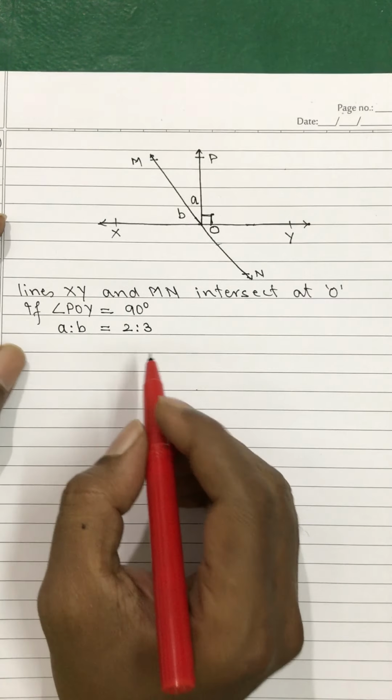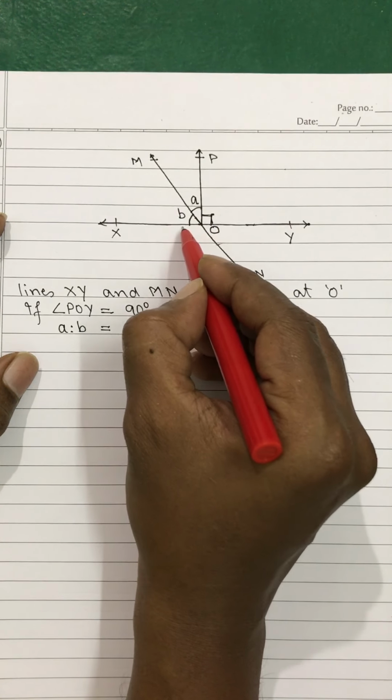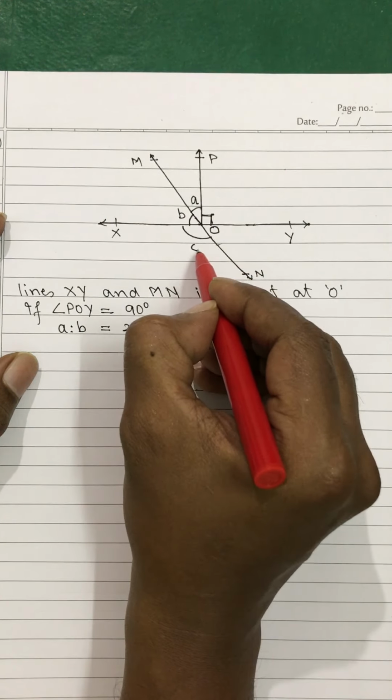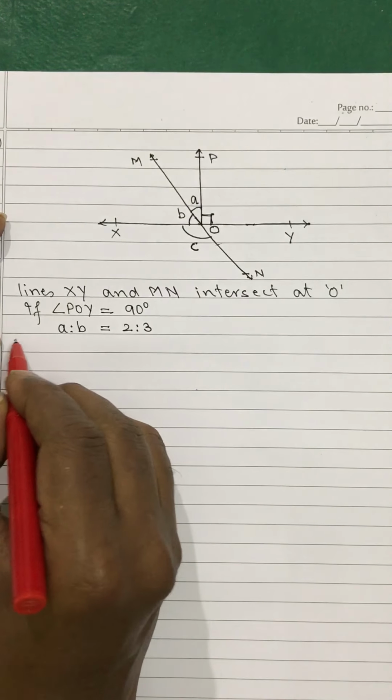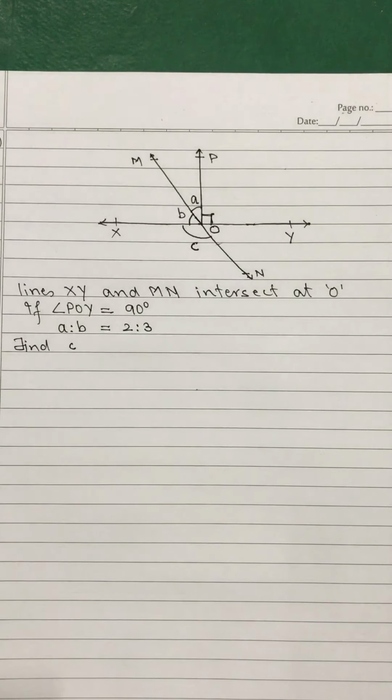Find C. This is A, this is B, and this is C. Find C, means actually angle A and angle B are given, and you are supposed to find C.